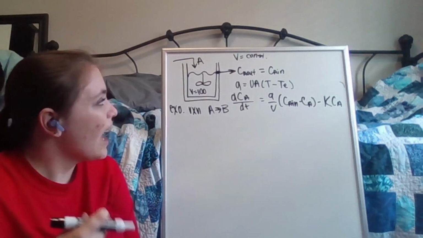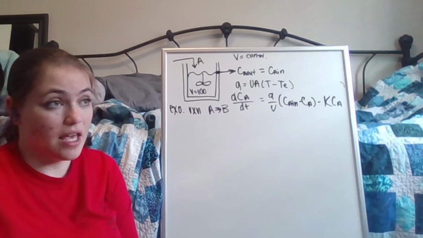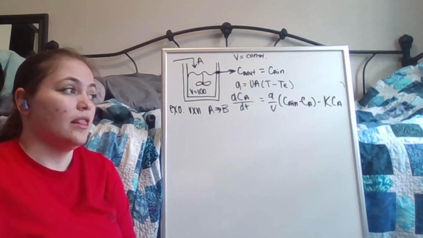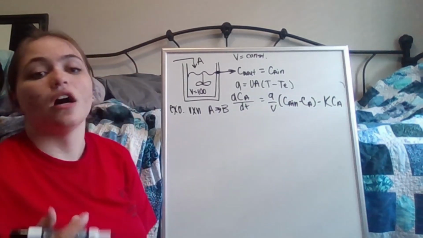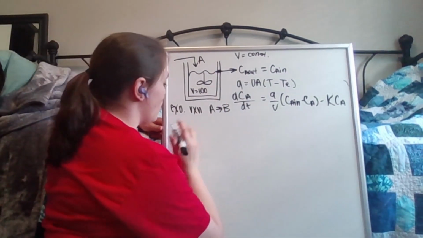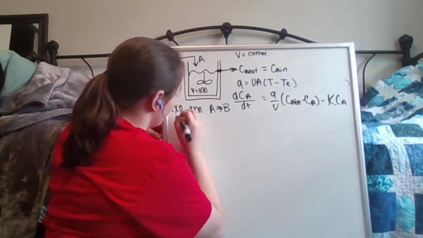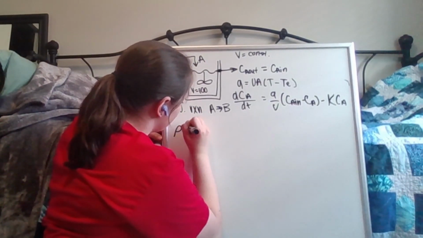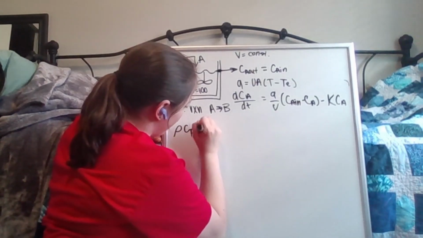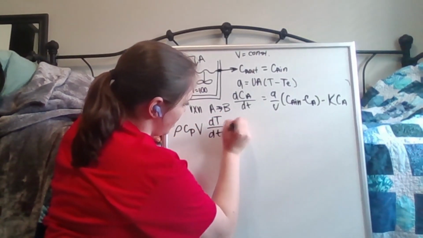As before, since there's only one flow in, we can say that the density is constant, the specific heat is constant, and obviously volume is constant. So we pull it all out, and the only thing within the derivative is the temperature. And so we have our density, specific heat, and volume with our change of temperature over time.